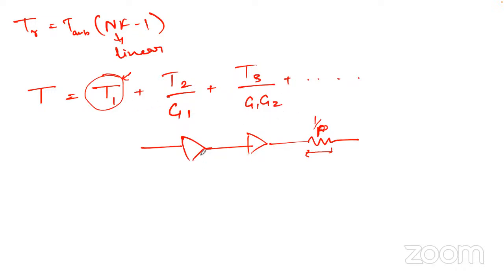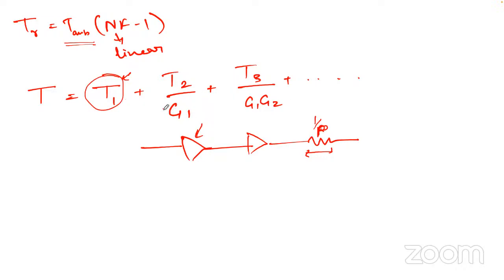Means if this amplifier has sufficiently low noise, means the noise figure is very low, TR, this is valid for a single amplifier also. Say if you have a very low noise figure, then based on your ambient temperature, what you keep the first amplifier at, it will play the major role for the rest of the system.